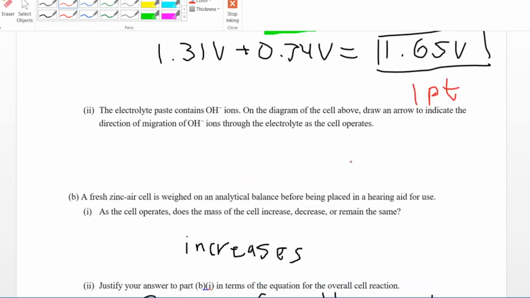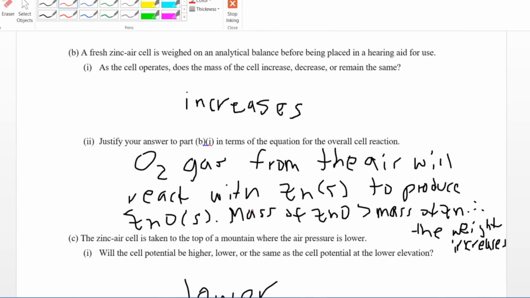For part B, you get 1 point for saying that it's increasing, and then another point for the correct justification, which would be this. This definitely counts.